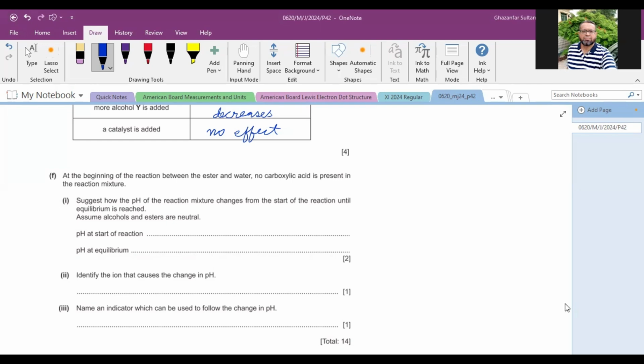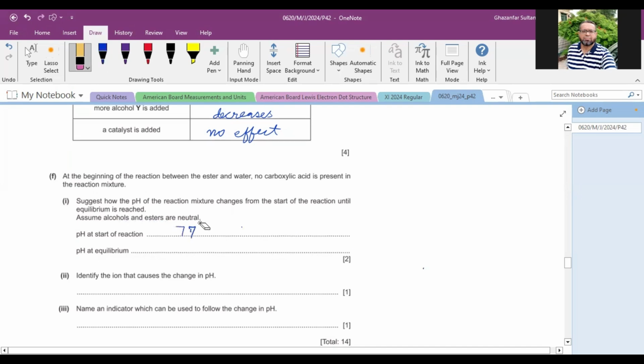So as we have seen in this equation that initially nothing was there, only the ester and water was there, and both of them are neutral, as well as alcohol is also neutral. So initially the pH was 7, and we should remember that it should be written in number, not in words. So the pH is 7, and we should write it like this.